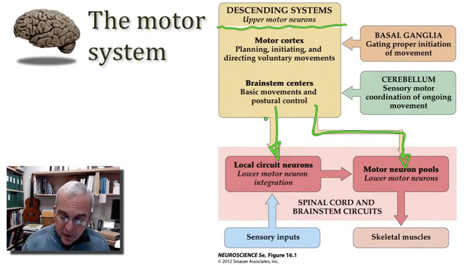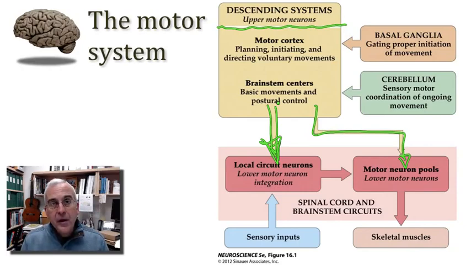But notice, for the most part, this arrow is a lot larger than the one providing direct input to the alpha motor neurons, which is to imply that the way our motor system is organized is that the upper motor neurons largely coordinate the local circuits that then do the job of organizing the output to skeletal muscle.